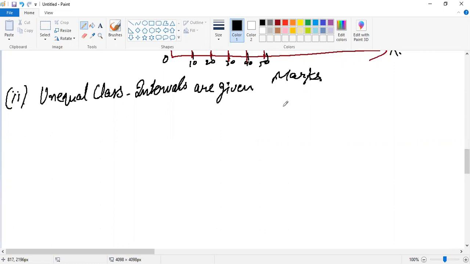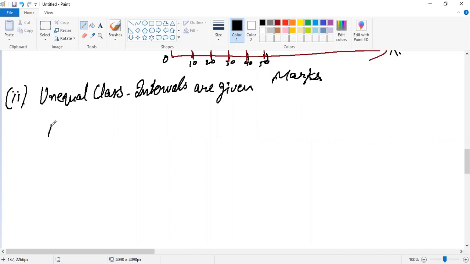So the steps needed to adjust frequency. First step: determine the width of the lowest class interval and take this width as a standard one. Then the second step: determine the width of other class intervals and calculate the adjustment factor for each class.